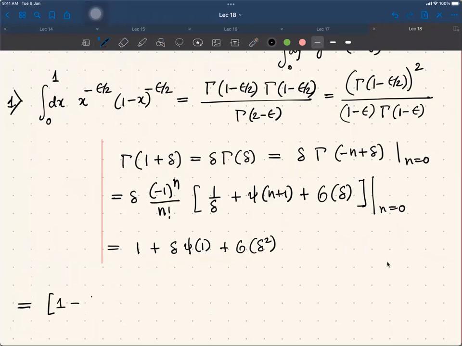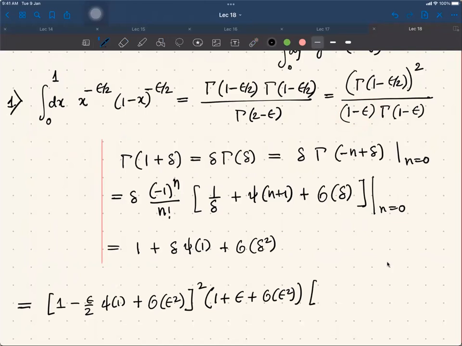So it is 1 minus epsilon by 2 psi 1 plus order epsilon square, whole square, times 1 minus epsilon inverse, and that binomial expansion will be 1 plus epsilon plus order epsilon square, times gamma 1 minus epsilon inverse.